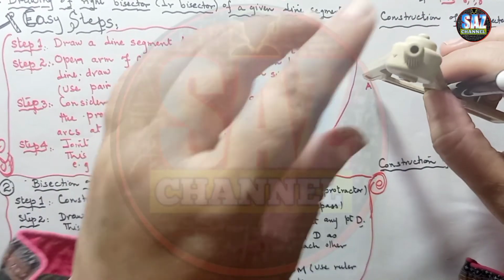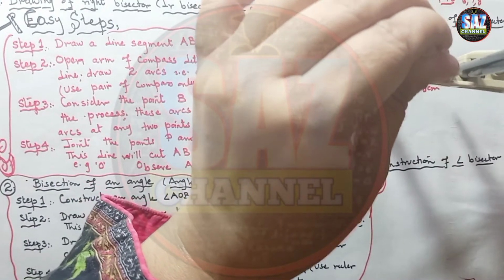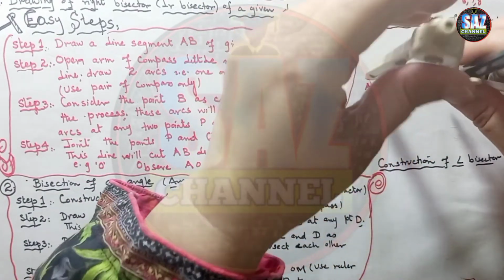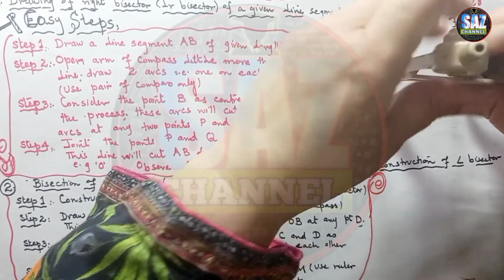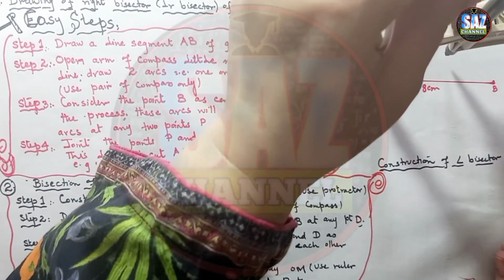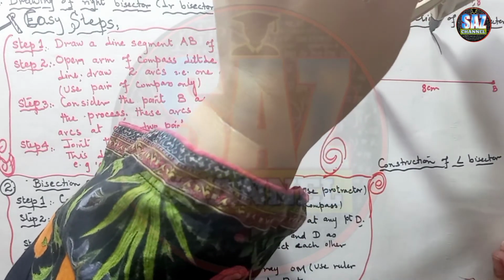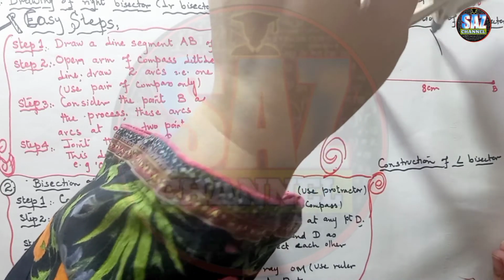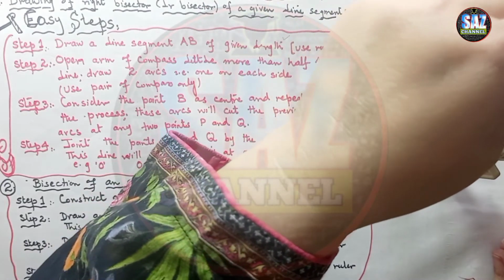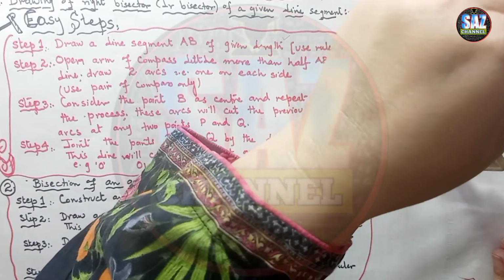Suppose I'm keeping the compass on point A, and then it has to be little more than half, and I have to draw 2 arcs, one above and one below on both sides of this line.